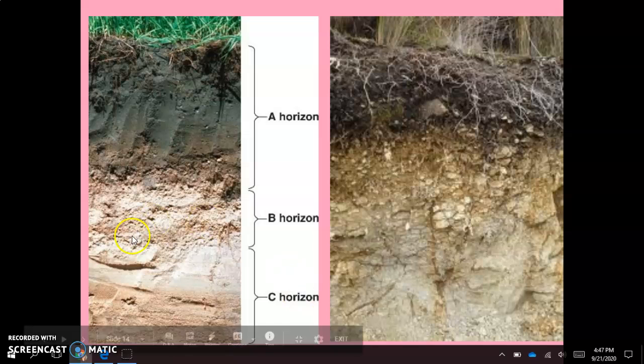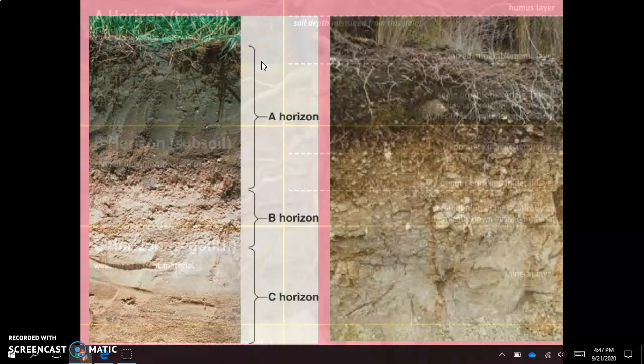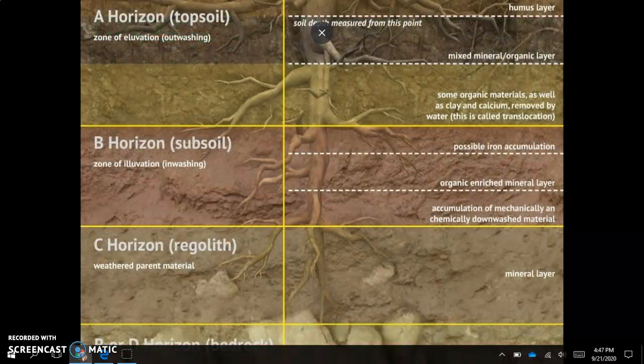And here's an example of an A, a B, and a C horizon. So our A horizon is just the topsoil, okay? We've got our humus layer, which is organic. We've got mixed and mineral organic layers, and then some organic materials, as well as clay and calcium. Our B horizon is our subsoil.